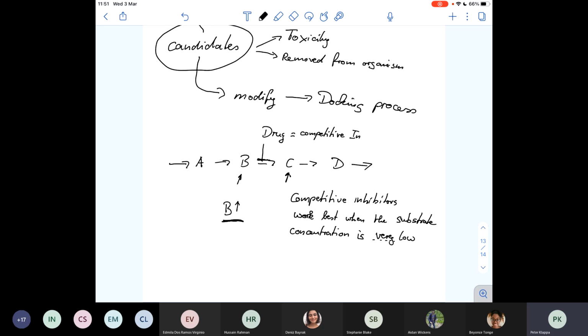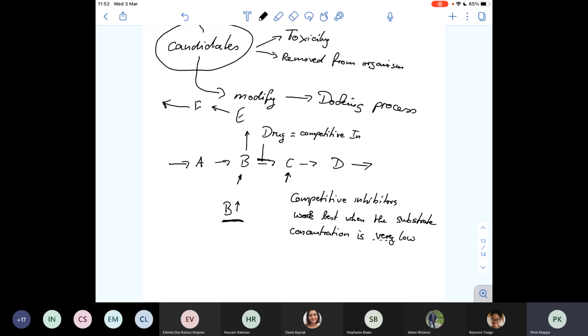Actually, it's not that bad because remember, most pathways actually have branches. They are not just linear. We might direct this pathway into another direction. So we force the pathway, instead of going from C to D to God knows where, into B, E, F, and so on and so forth.